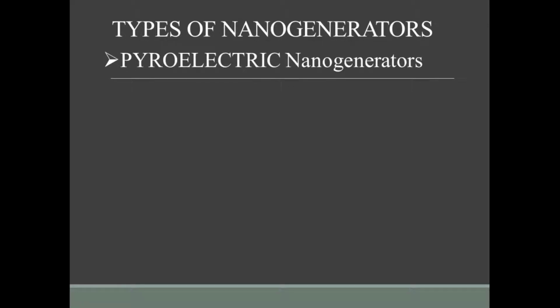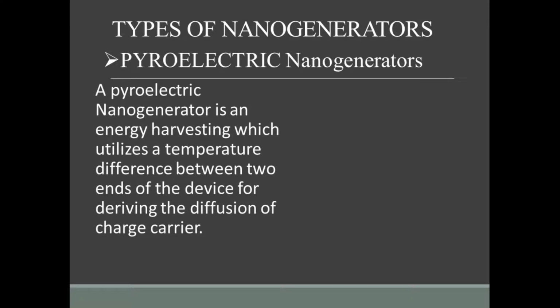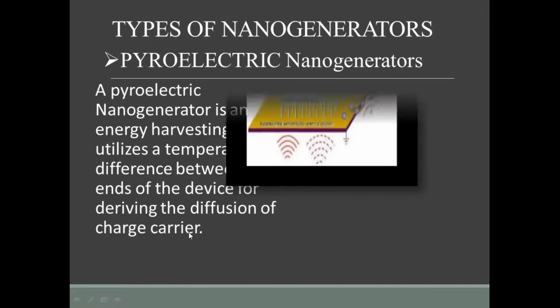The second type of nanogenerator is the pyroelectric nanogenerator. A pyroelectric nanogenerator is an energy harvester which utilizes a temperature difference between two ends of the device for driving the diffusion of charge carriers.